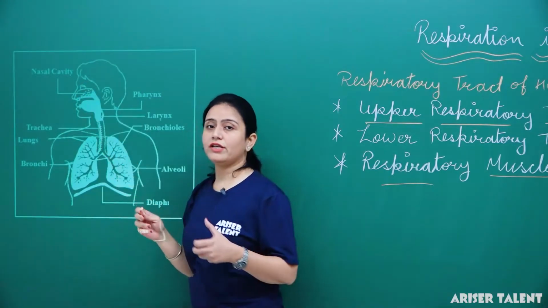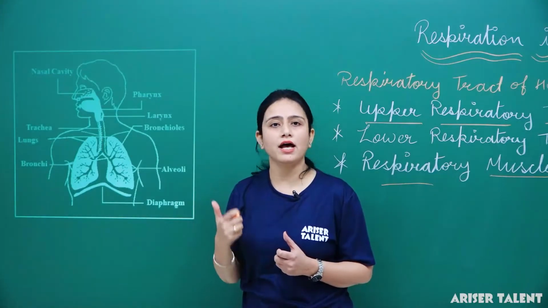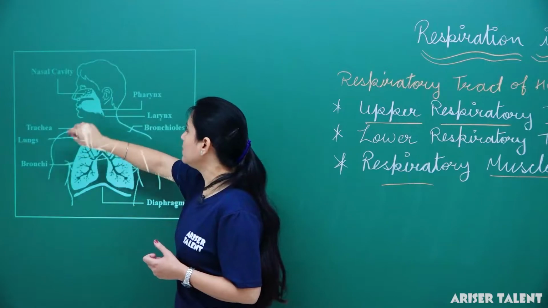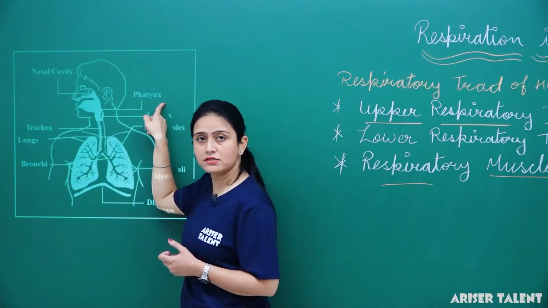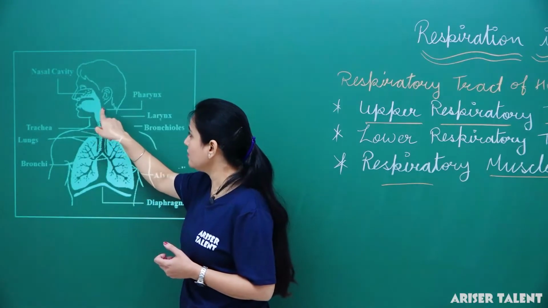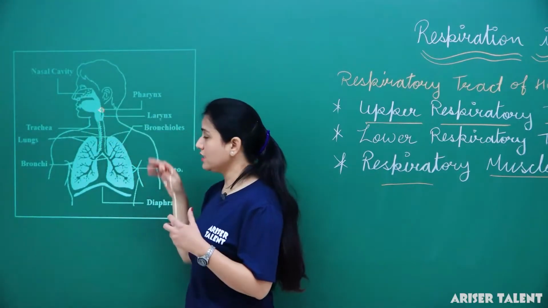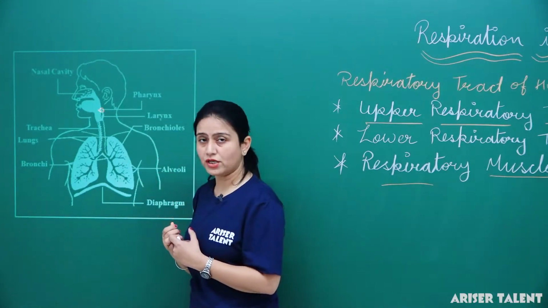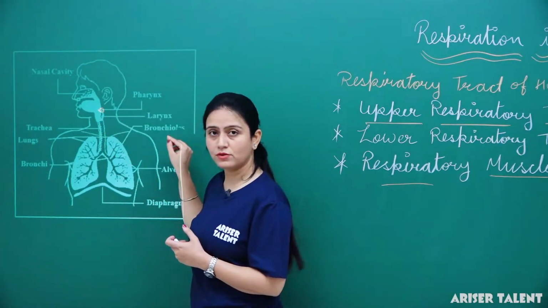This nasal cavity is highly vascularized and bears hair and mucus glands. Now this nasal cavity leads to the pharynx. Here we can see this part is known as pharynx. This pharynx is almost 12 centimeter long, a tube like structure, which is followed by the larynx.